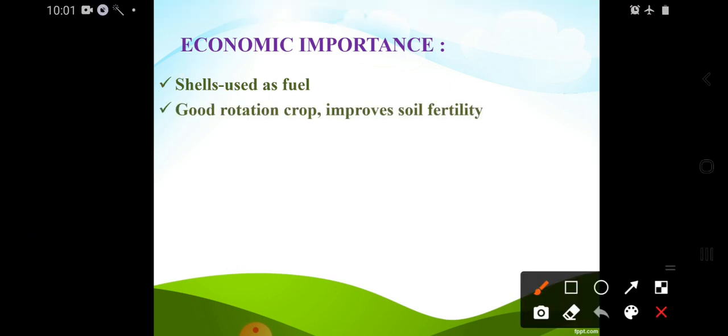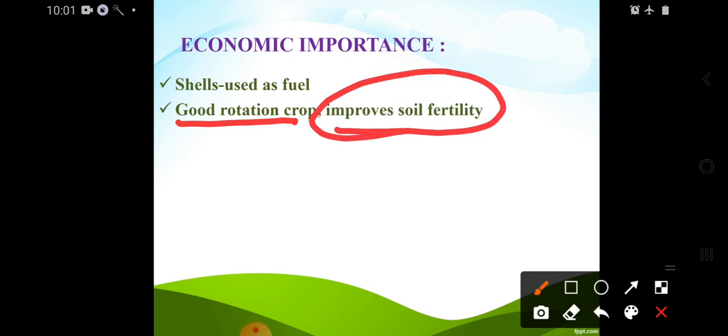See, this groundnut is also called a good rotational crop. Rotational crop means we can use this crop in a cropping system, that is crop rotation. And if we use this crop in rotation, it improves soil fertility. See how it is helpful.